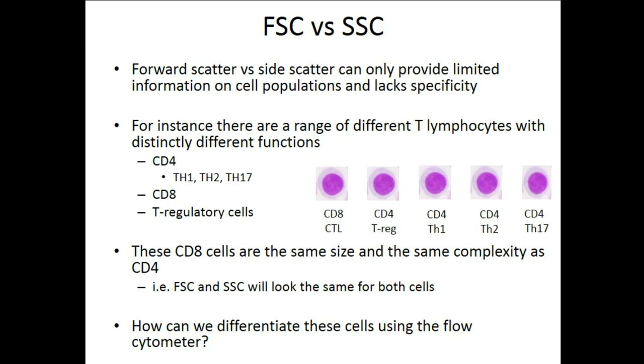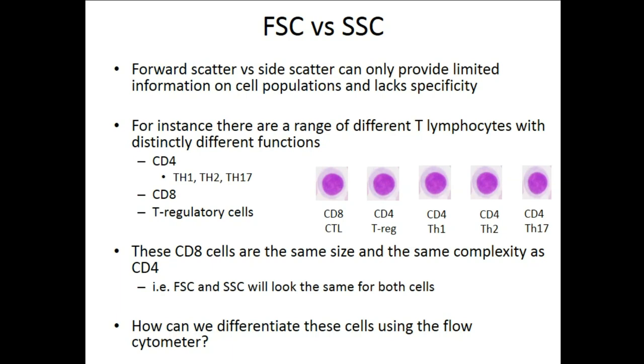All of those cells have been implicated in a whole range of diseases. But as you can see from the pictures for each cell, they look identical, both in size and in terms of the complexity of the cell itself. And that is why side scatter and forward scatter have limited potential for monitoring cells.